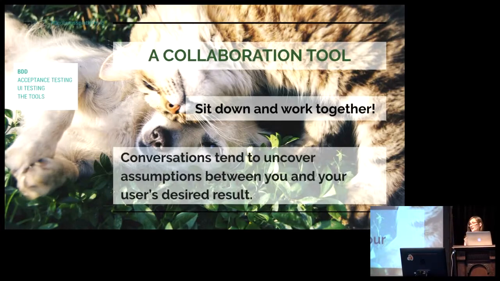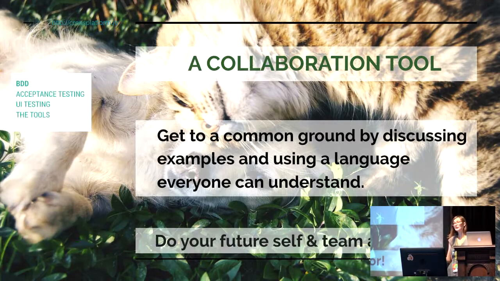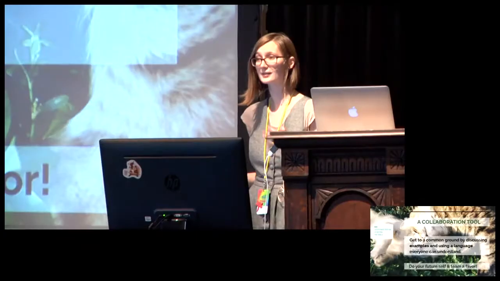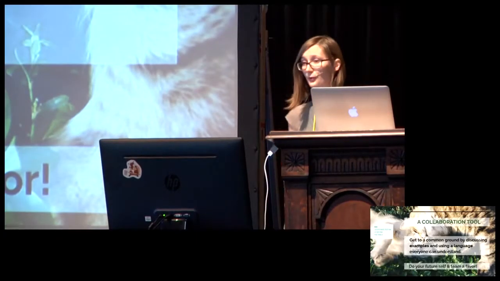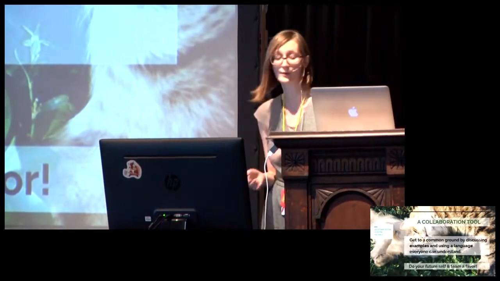And you're basically discussing examples of what the app would do, how it should behave, in order to get to a common ground, have everybody on the same page, and using a language everyone can understand. So not only developers, but also testers, business people, project managers, and so on.